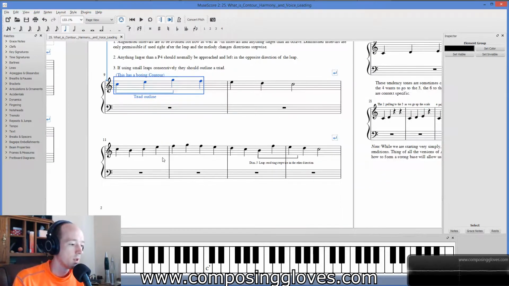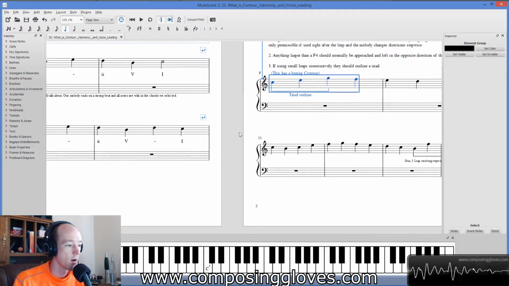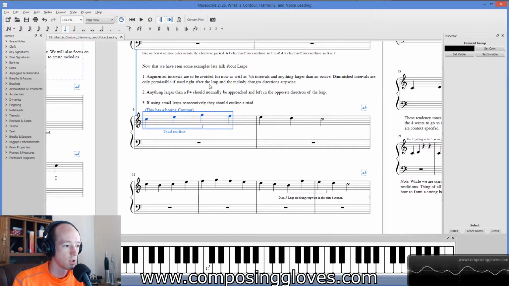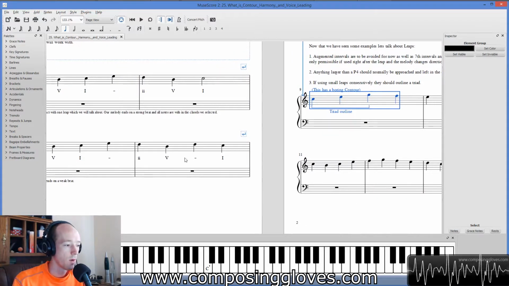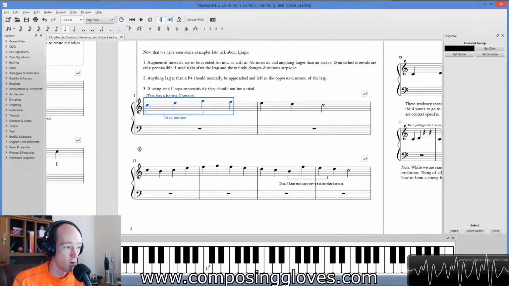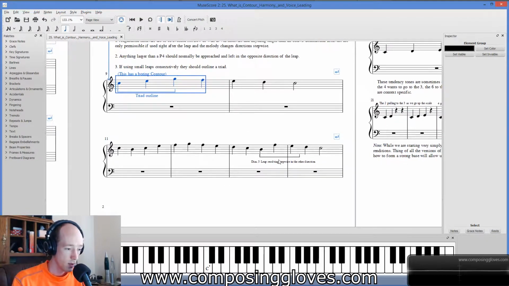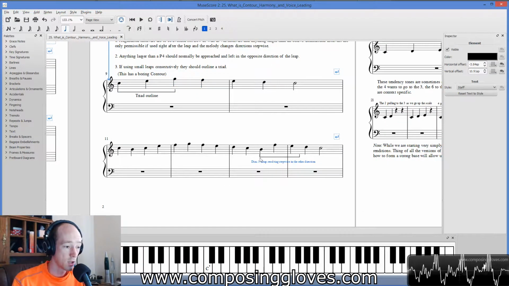Let's look at another one. So here I've got some more stuff going on. Now I didn't write out all my harmonic structure. We are solely looking at these relationships here, so don't worry about the fact that there's no chord structure below it. We only want to make sure things are okay with this stuff. Now over here, I have a diminished fifth leap, resolving stepwise in the other direction.